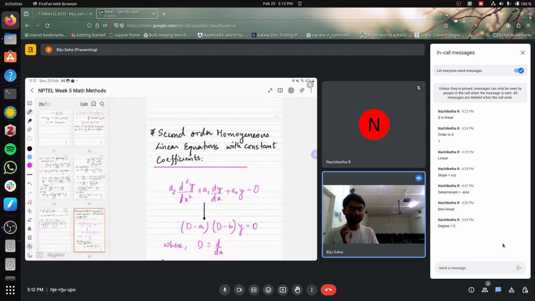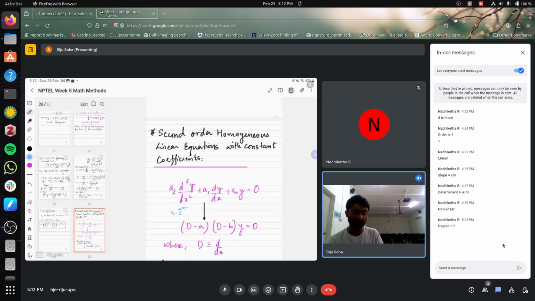So let us understand term by term what this means. Second order because this term appears here. The highest order of the derivative is 2, so n is equal to 2. And the next was homogeneous.